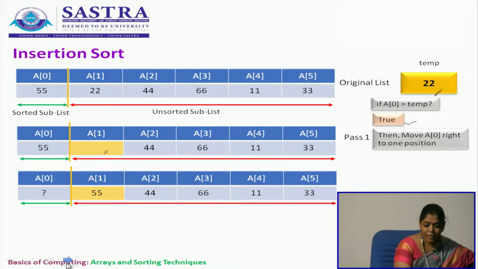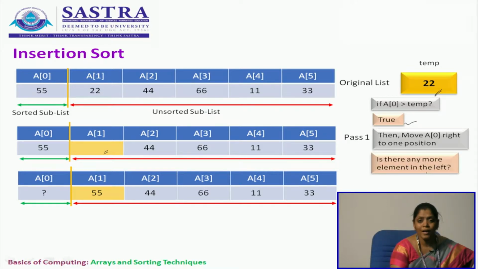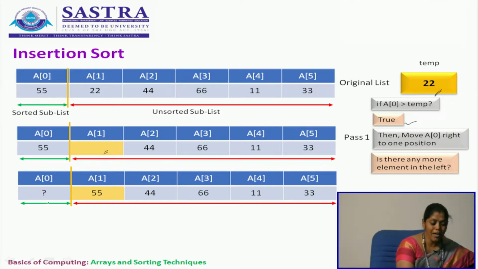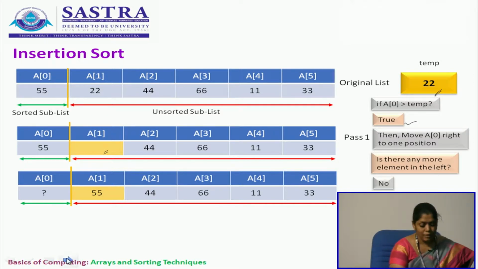Then we have to check, is there any more element on the left hand side? Left hand side means the sorted sublist. Is there any more element? No, because this is the first pass and we have only one element. That element was A of 0, which we have already checked and which has been moved to A of 1. So there is no more element on the left hand side. If there is no more element on the left hand side, what do we have to do? Then we have to copy the temp variable into A of 0.